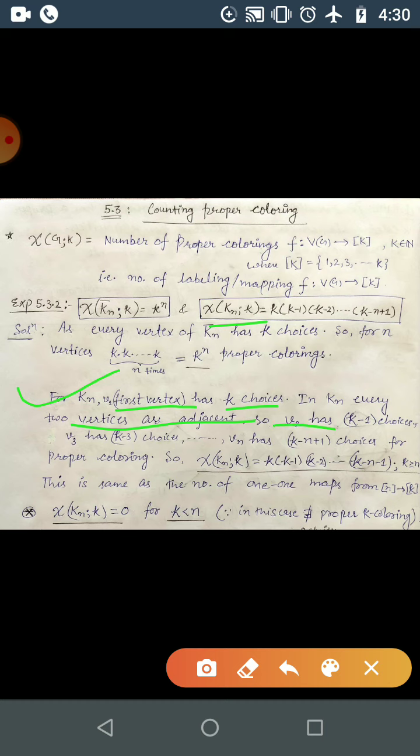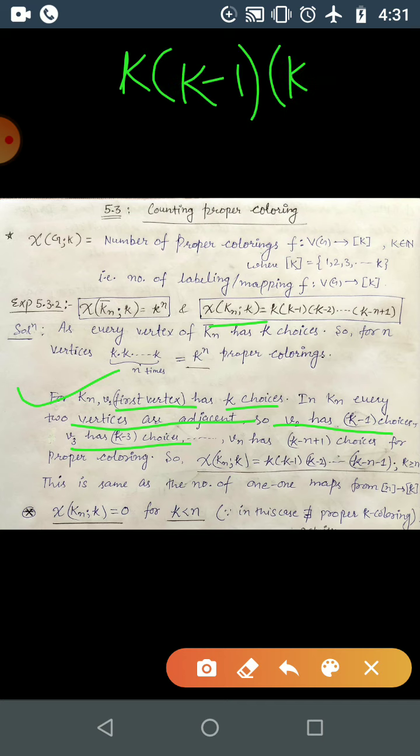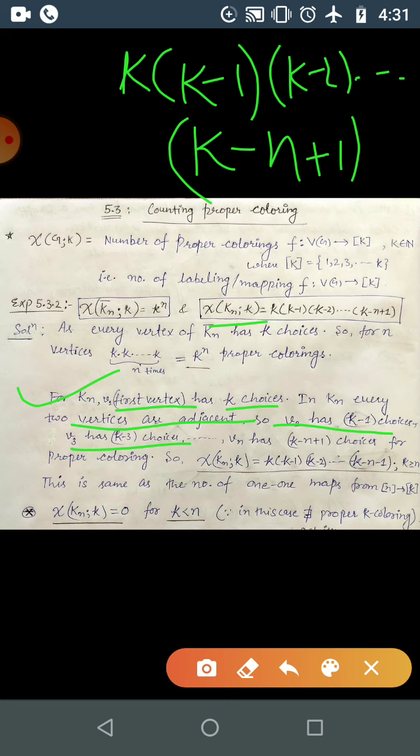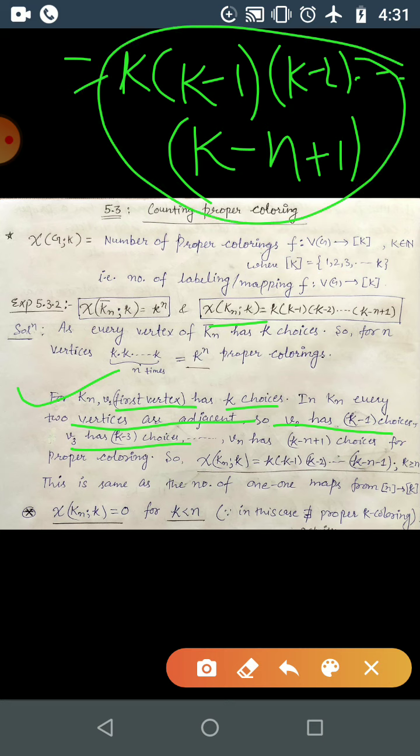So the second vertex has k minus 1 choices, the third vertex has k minus 2 choices, and so on up to the nth vertex, which has how many choices? k minus n plus 1, correct? So this much choice, and for all proper colorings you have the product of these, correct? Because you need to color all the vertices.